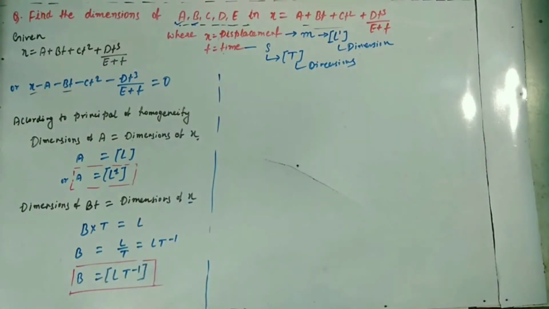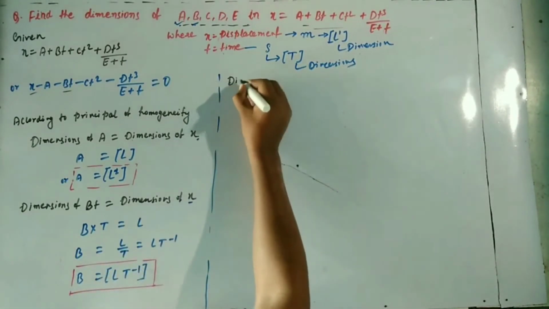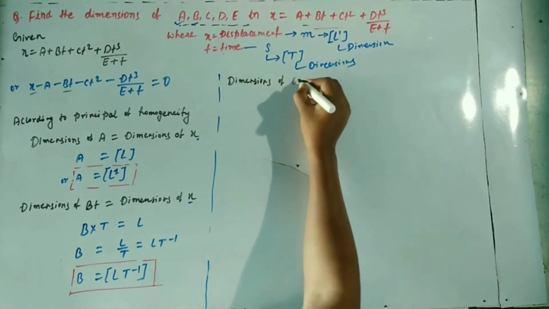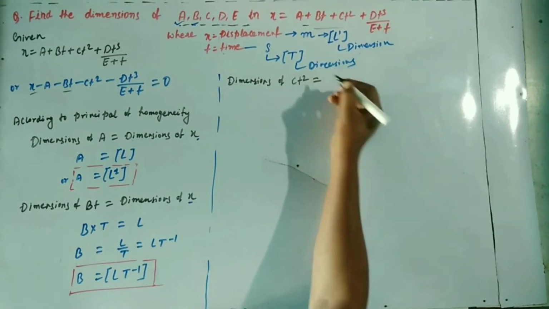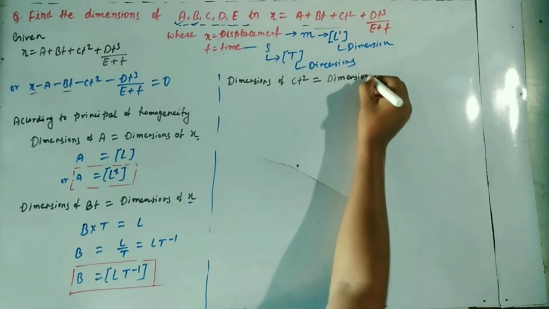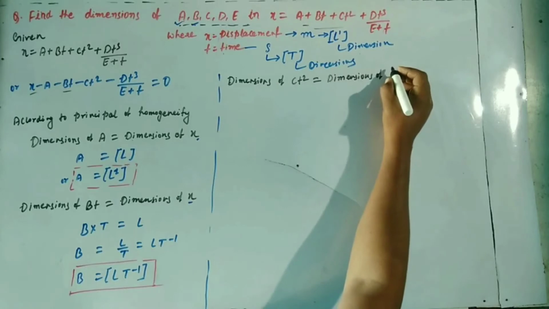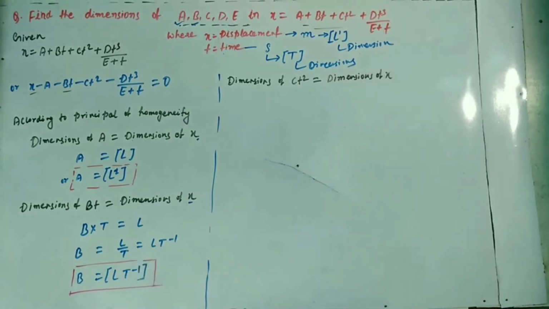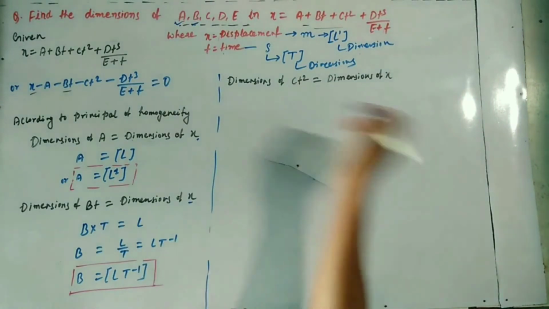The next term is c. According to the principle of homogeneity, again the dimensions of ct square equal the dimensions of x. Here t is time, and we already found its dimension.